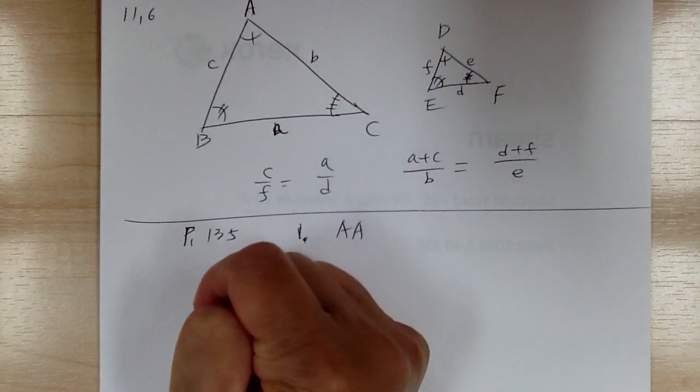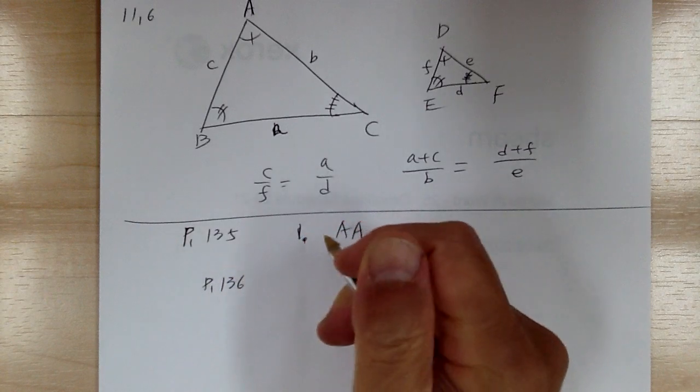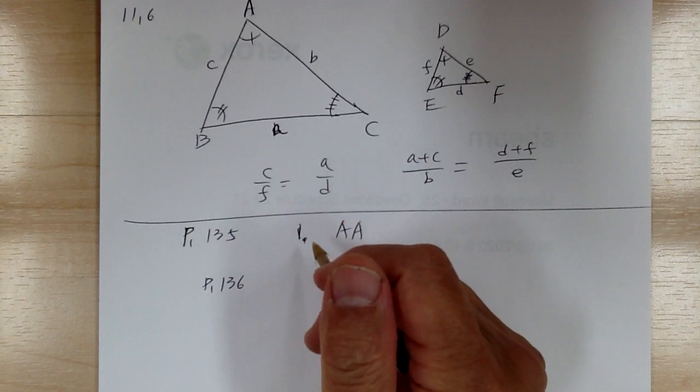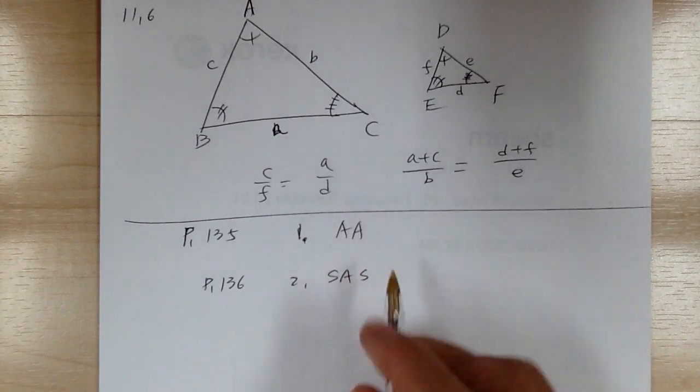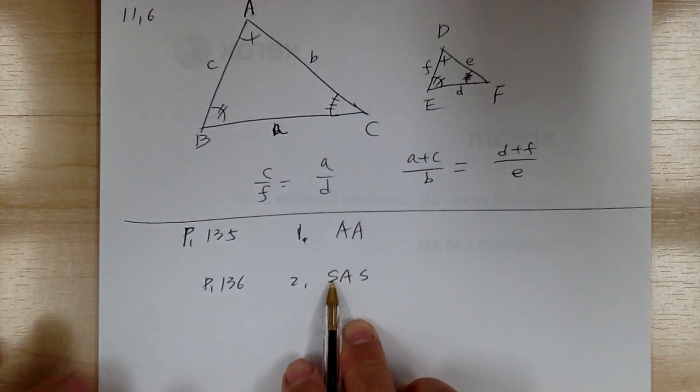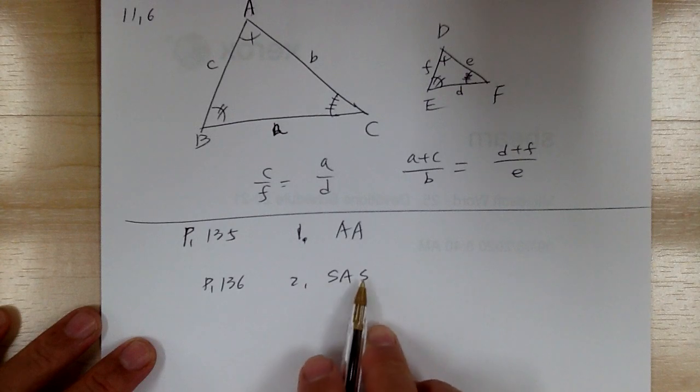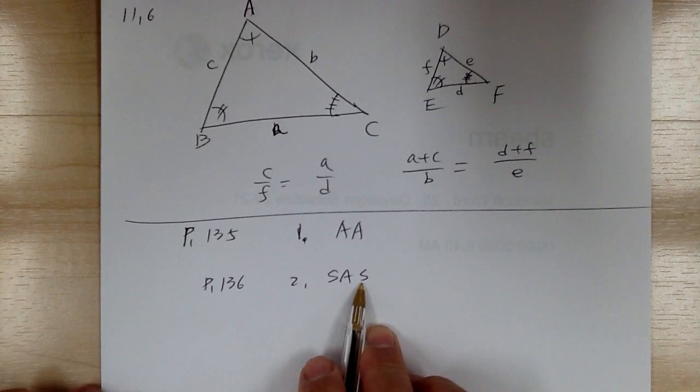On page 136, the second one is the SAS. For similar triangles, the sides will have the same ratio.